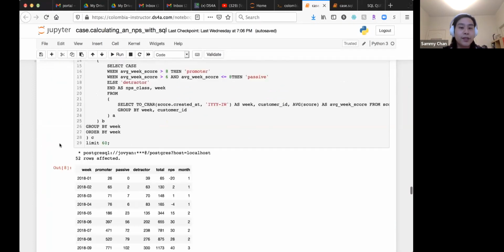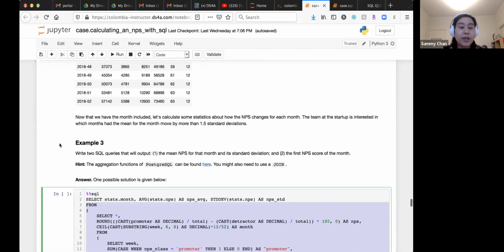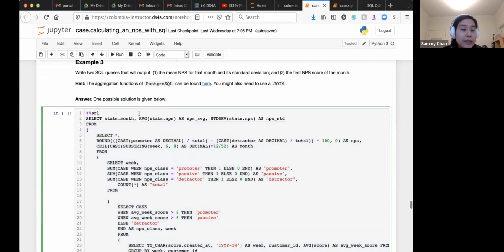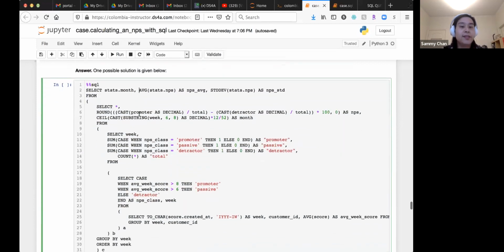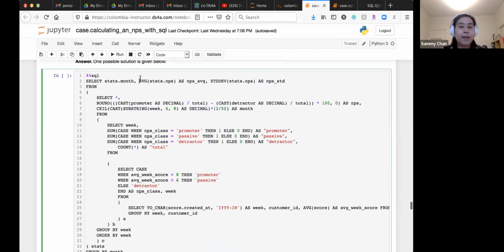Okay, so the only new thing that we are doing here is we are doing average NPS and then the standard deviation of that NPS per month.